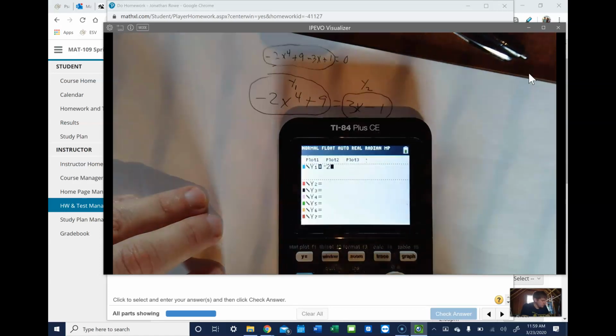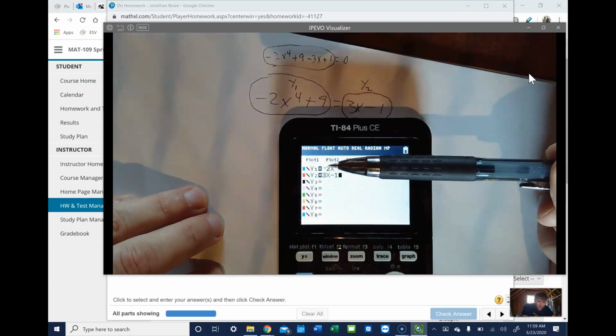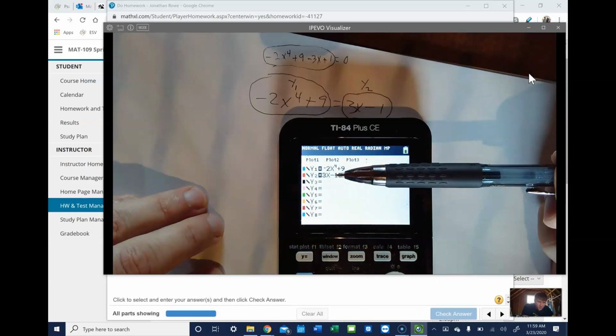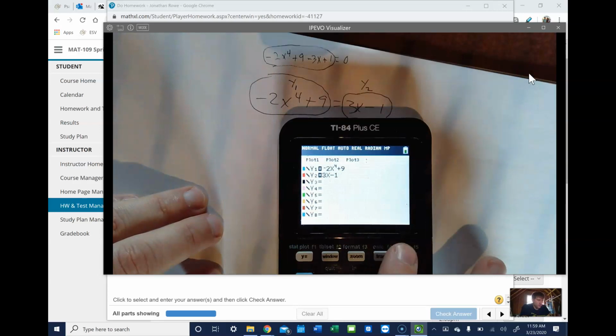Negative 2x to the fourth plus 9. That was y1. And now for y2, 3x minus 1. Okay, so I used the negative button for that negative right there, but I used the minus button right there. And I'm going to hit graph.